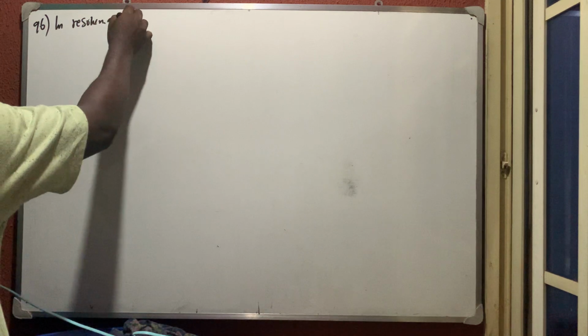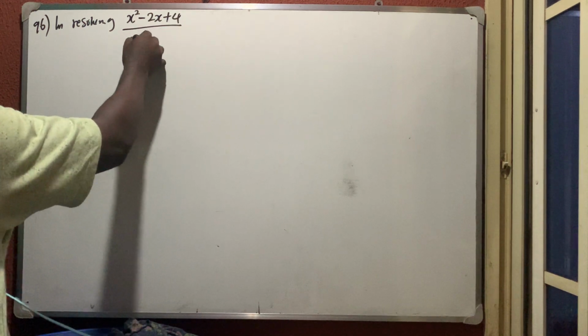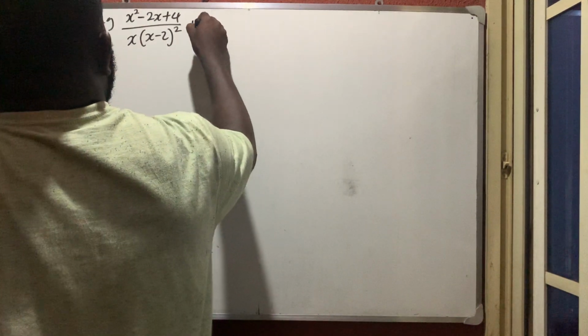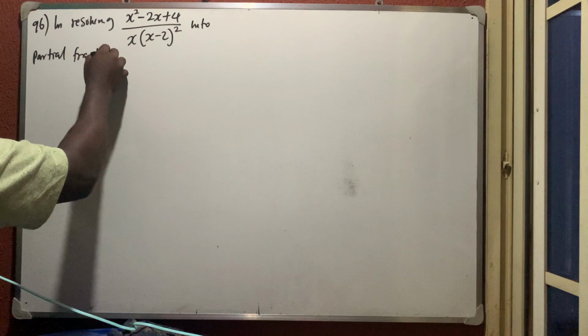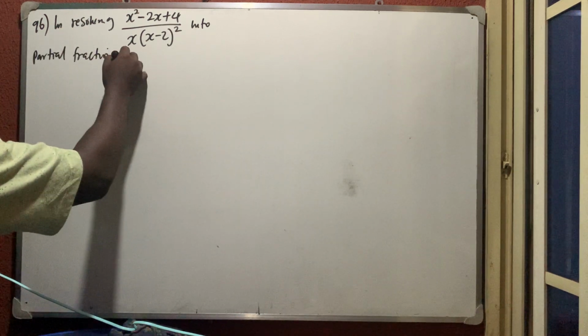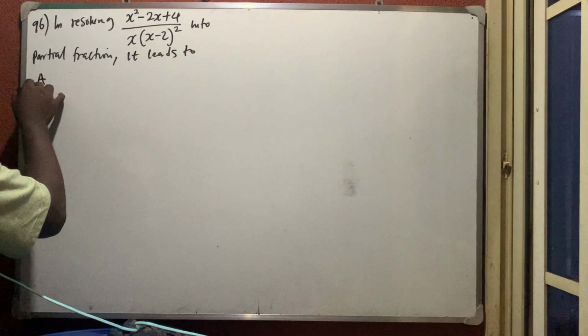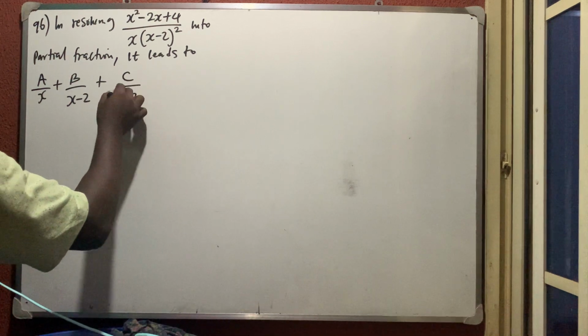Question number 96 said in resolving x squared minus 2x plus 4 all over x into x minus 2 all squared into partial fraction, it leads to a over x plus b over x minus 2 plus c over x minus 2 all squared.